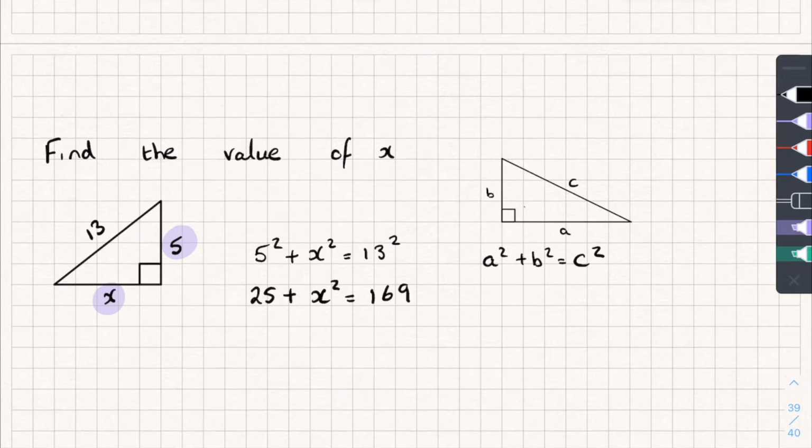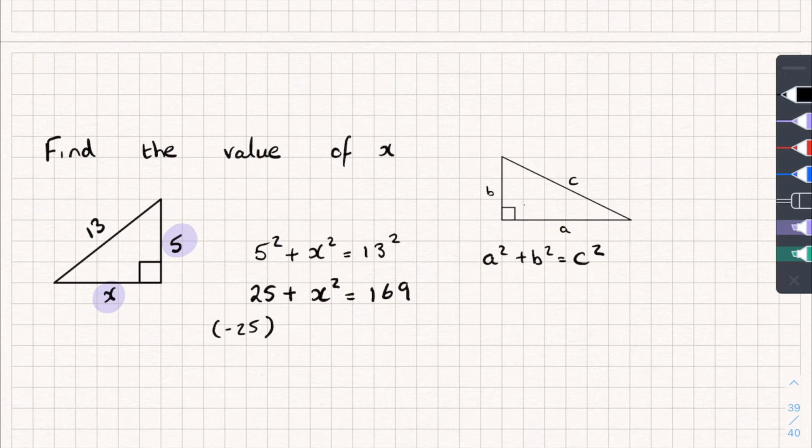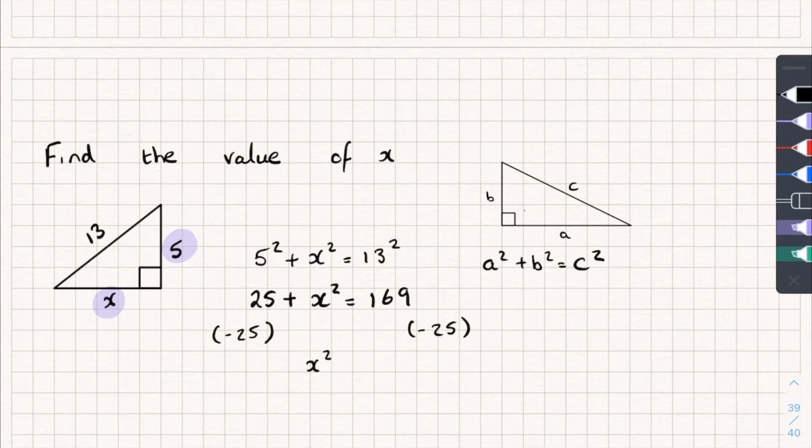I can do that by subtracting 25 from both sides, and I'll get x squared is equal to 144. Now I can square root both sides like I did previously, and remember, I'm only interested in the positive answer because it's a distance, so x is equal to 12. So this side here must be 12.